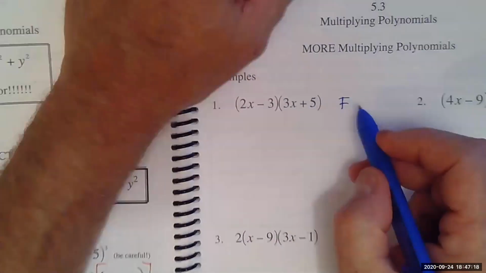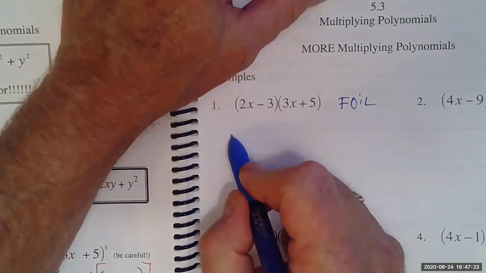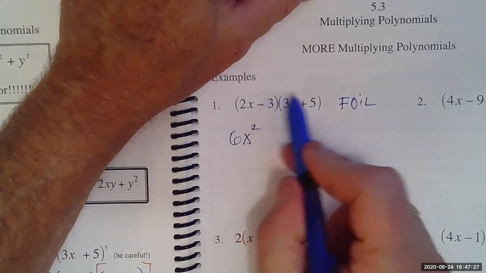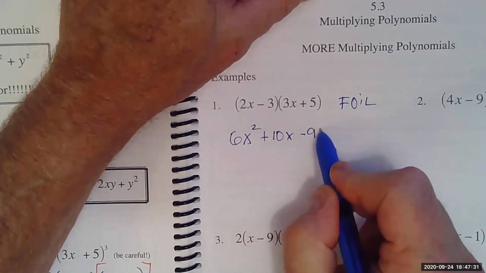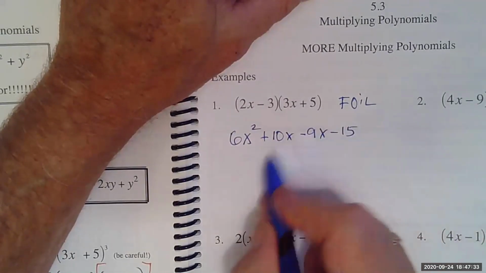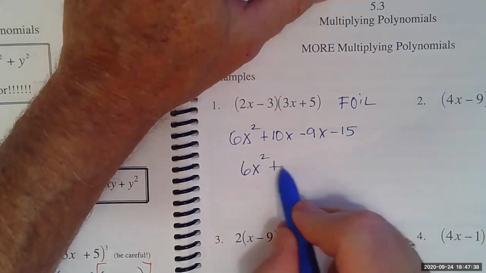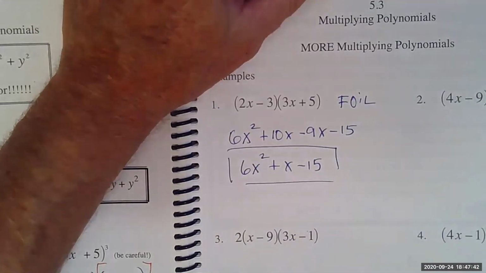Probably most of you are pretty good at this now. 6x squared, then 10x, and subtract 9x, and subtract 15. Collect like terms, you get 6x squared plus x, subtract 15. And you say, well, okay, I'm done, box that. What good is that in life?